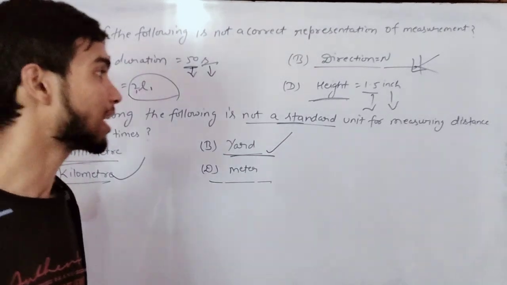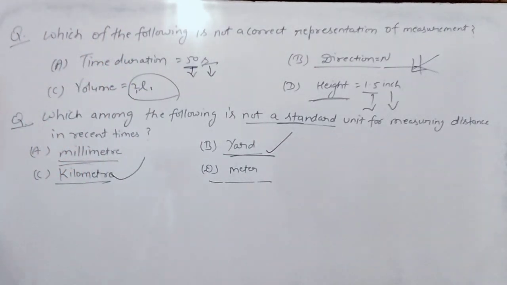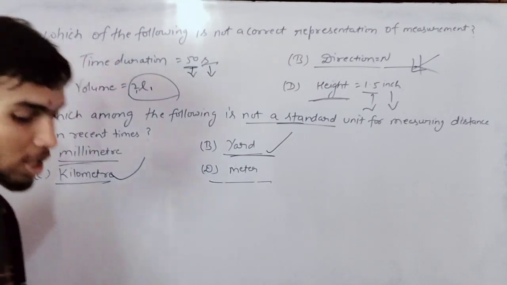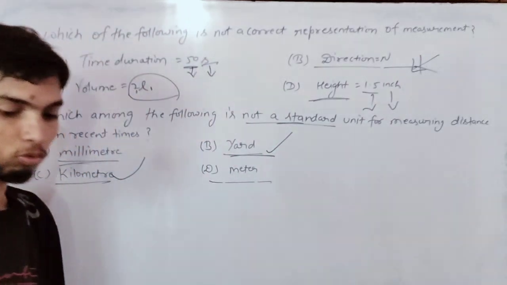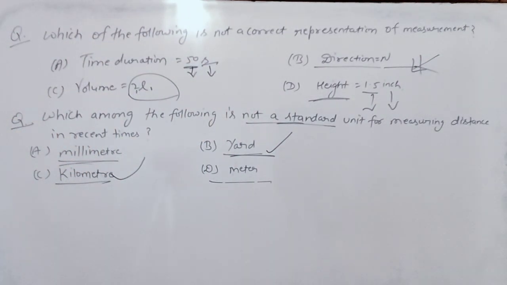Clear? Yard was used to measure something earlier, but not in recent time. In recent time, yard is not considered a standard unit. So yard is not a standard unit for measuring distance in recent time. Clear?